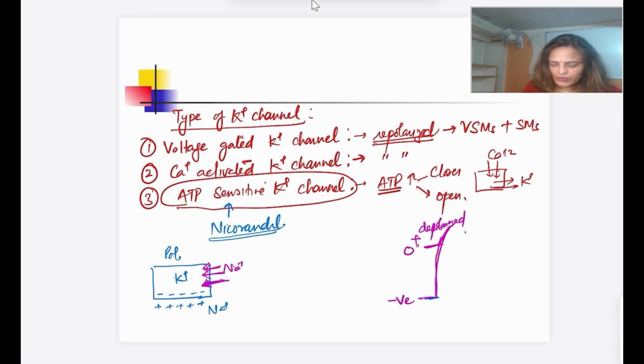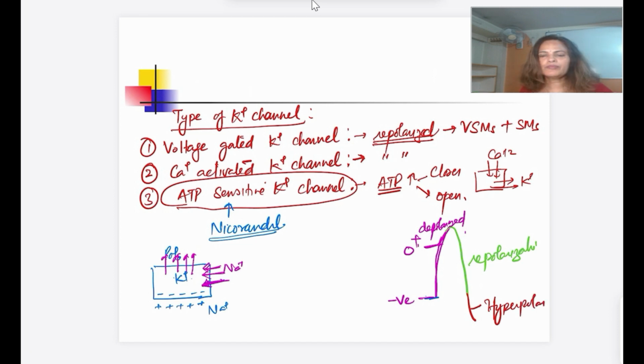Now again there is an efflux of potassium that leads to the repolarization of the cell. Now if it moves further to more negative, this is called hyperpolarization.